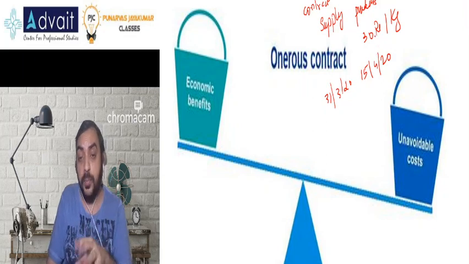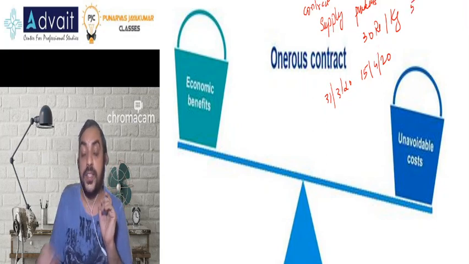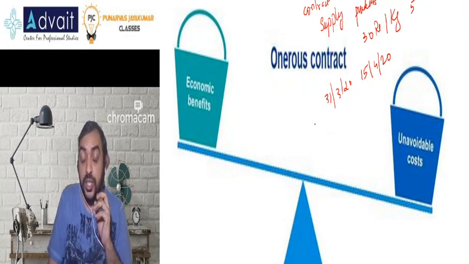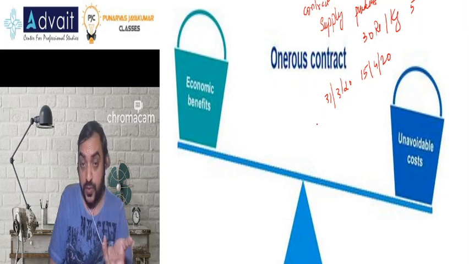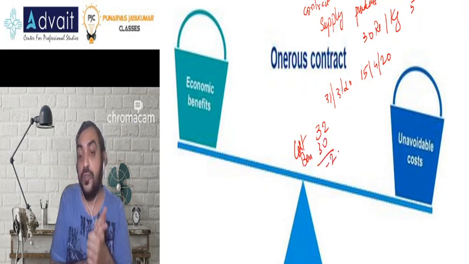If you don't supply, you have to pay a penalty of, let's say, 5 rupees for every kg. Now, as on the 31st of March, if you manufacture this or purchase this, your cost is 32 and your benefit is 30. So you are going to incur a loss of 2 rupees.